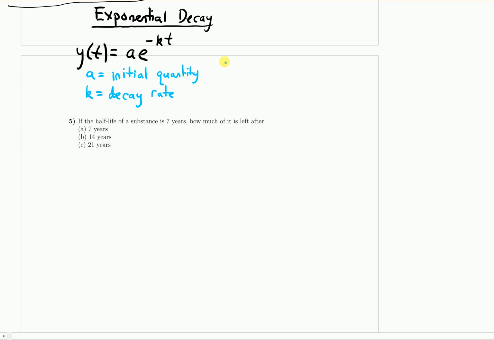T represents time, just like before. And y of t is the amount of the substance that's left at time t.